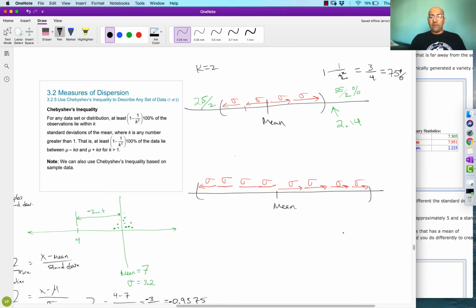What Chebyshev tells us is that it's going to be at least 1 minus 1 over 4 squared. This is where k equals 4.